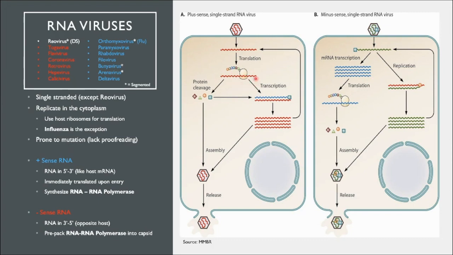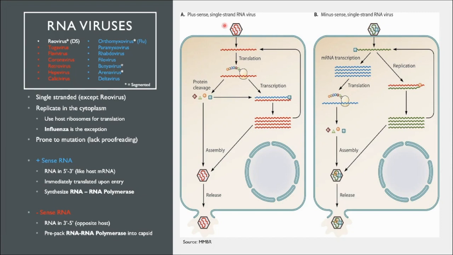That's all that means. So it comes in, it's translated, you start getting some proteins that might be necessary for transcription and all these kinds of things. And then those proteins will maybe produce an RNA-dependent RNA polymerase, which then allows the RNA to replicate itself and make multiple copies. Everything gets packaged into the capsid, and then it's released. Pretty simple.